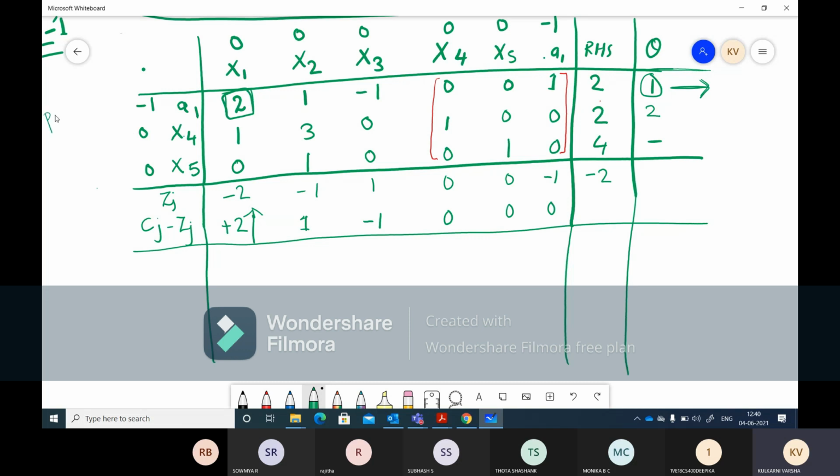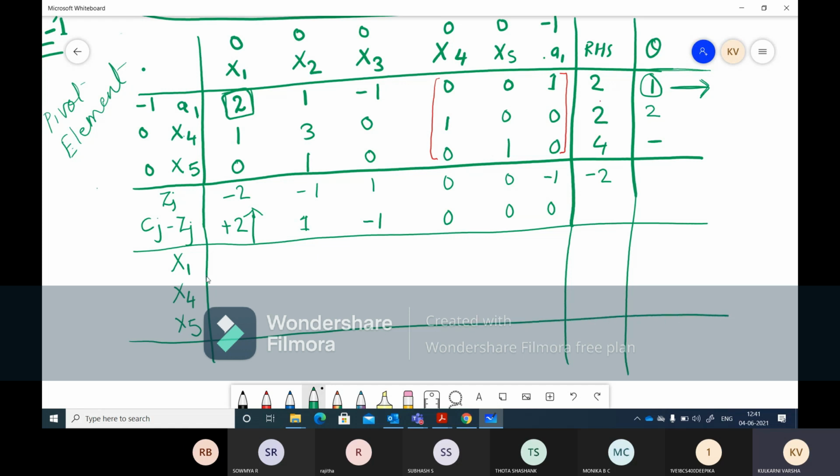I'll write it here, pivot element. In the next iteration, we'll write x1 instead of a1, and then x4 and x5 as they are.